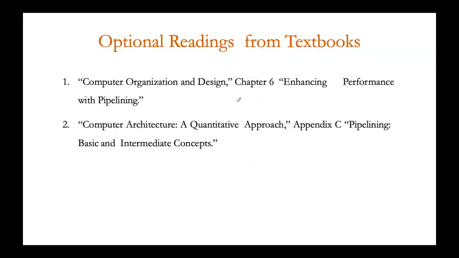For this, you can go through the first textbook, Computer Organization and Design, chapter 6, where enhancing the performance of pipelining is covered, and from the second textbook, appendix C, where the pipelining basics and intermediate concepts are covered.